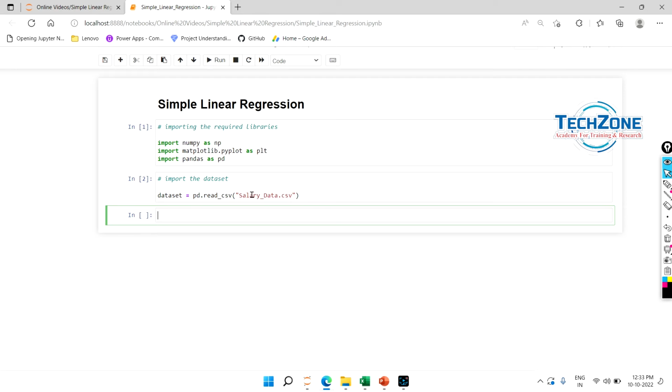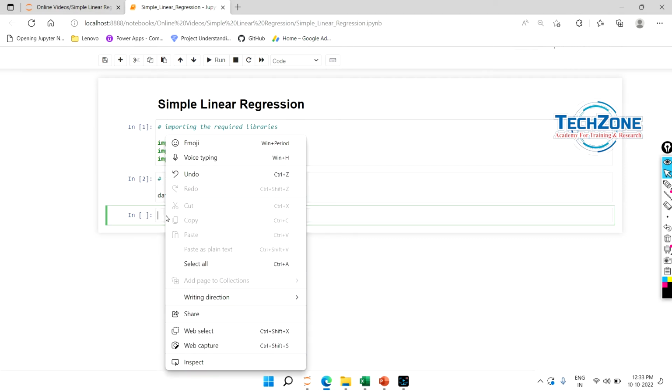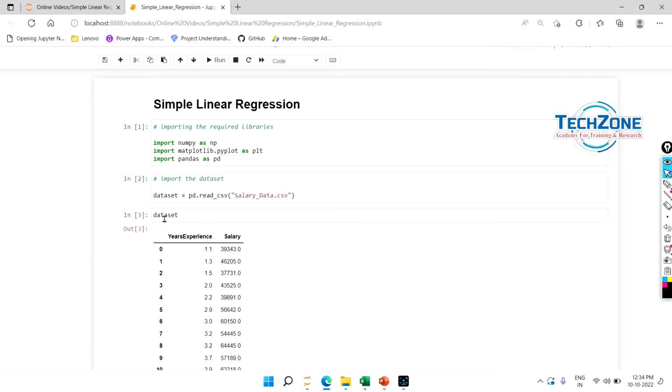Salary_data is the file name, .csv is the extension of the file, and we are storing that data set in our variable named dataset. Let us go ahead and print dataset and execute that. See here, this is our data set. I hope this is clear.